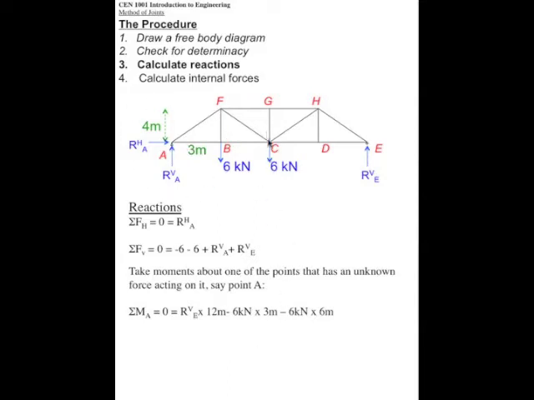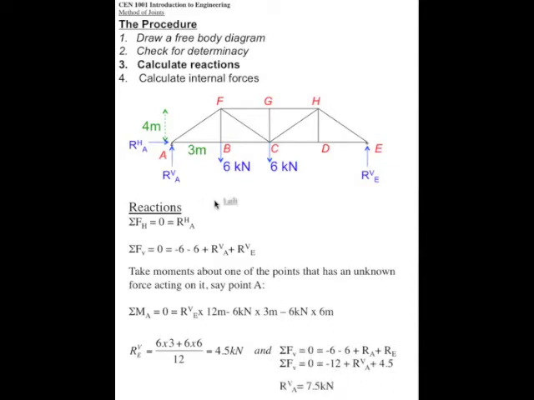Similarly, 6 kilonewtons times 6 meters away, clockwise, so it's negative as well. So if we solve for the reaction force at E, it comes out to 4.5 kilonewtons. Now we can go back and plug that value back into this equation, bring it down here, and we've now got only one unknown, the reaction at A, and that's equal to 7.5 kilonewtons.